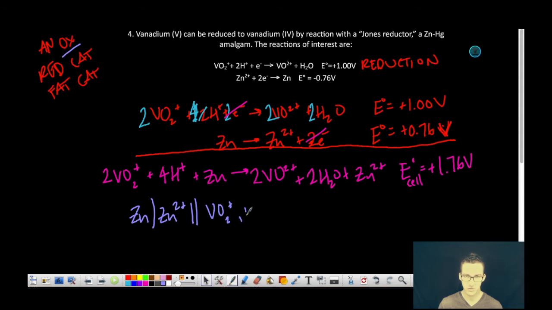We're going to include those hydrogen ions in there, VO2+. There we go. And again, we're going to choose platinum as our inert electrode there for the reduction half reaction.